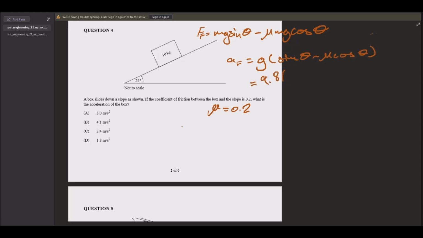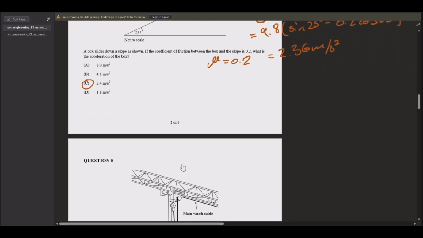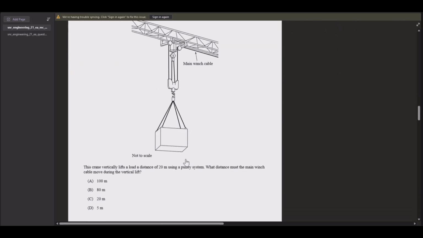That's going to be 9.8 sin 25 degrees minus 0.2 cos 25 degrees. Chuck that in the calculator, and that's going to be 2.36 meters per second squared. That's going to give us C. That's the right answer.